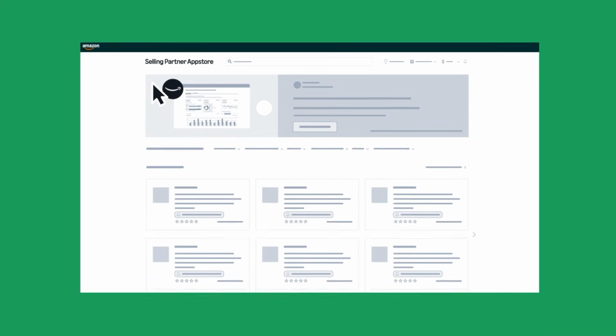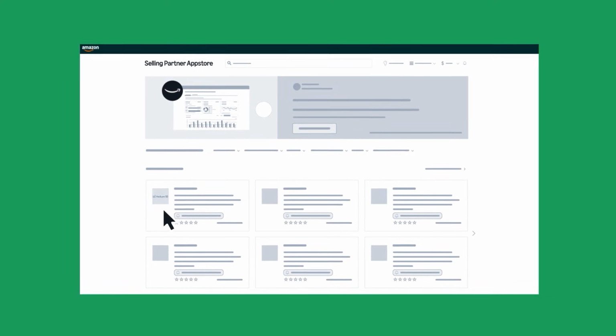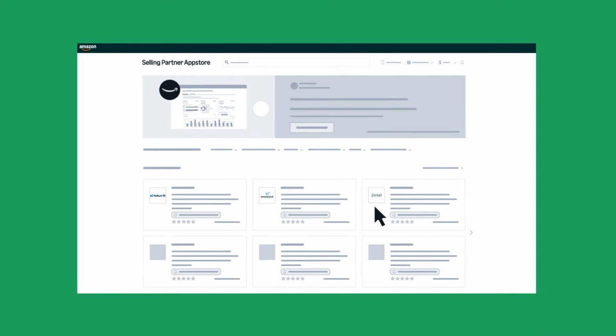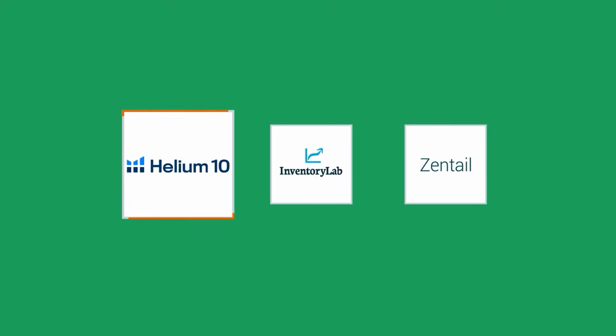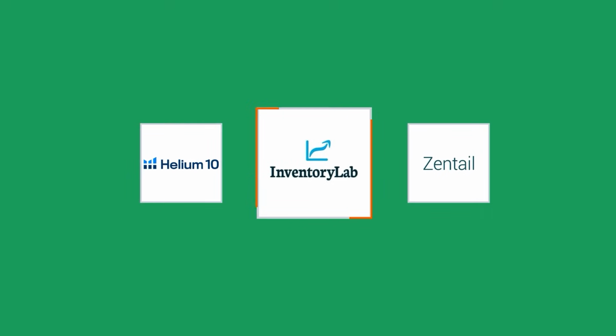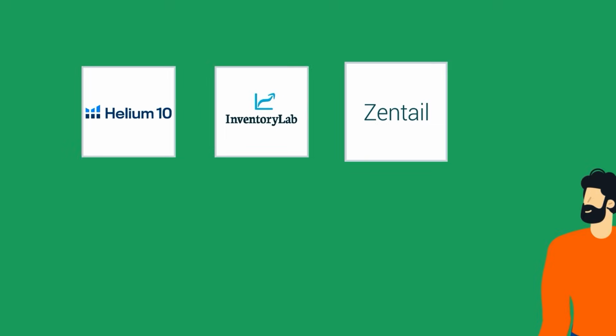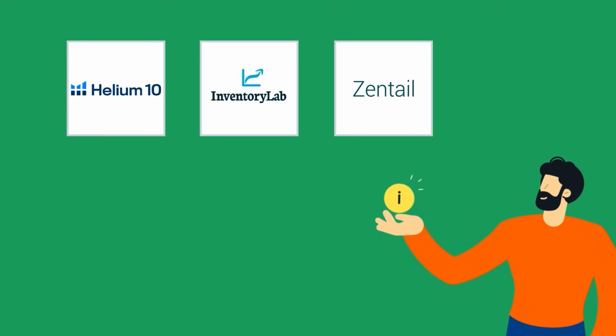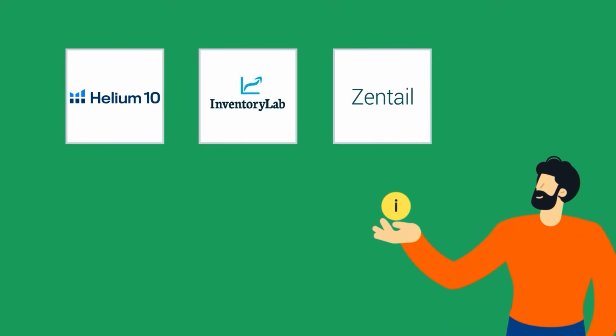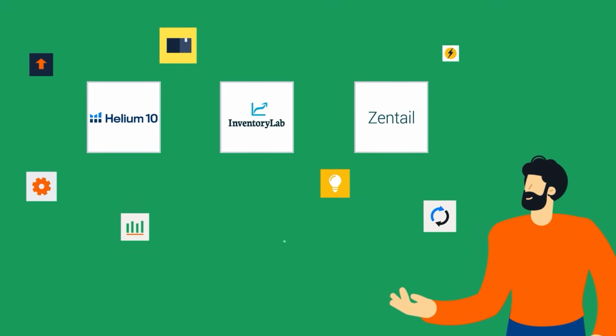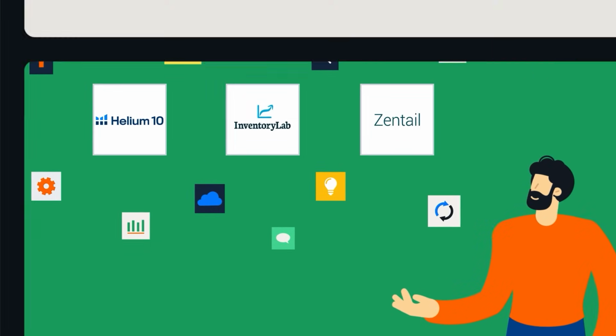To demonstrate the range of listing applications available, consider these three examples from the Selling Partner Appstore: Helium 10, Inventory Lab, and Zentel. These examples serve as informational references rather than Amazon recommendations, illustrating the diverse third-party solutions available.